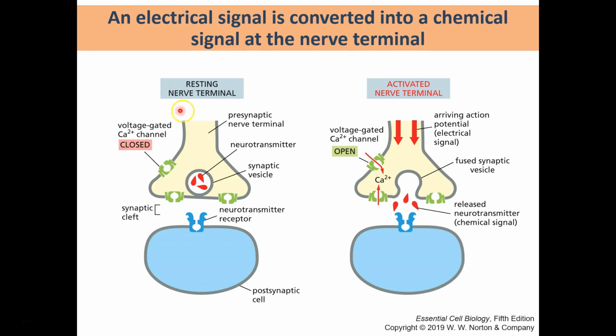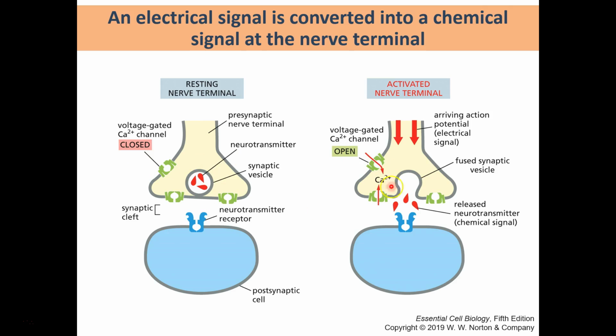This happens through voltage gated calcium channels. So you have an influx of calcium ions that are going to move through the membrane at that terminus, and they are going to activate the release of the synaptic vesicle.